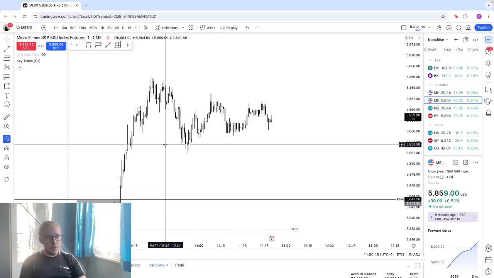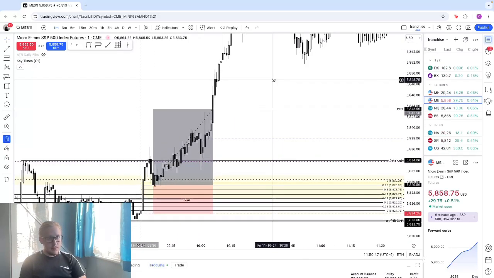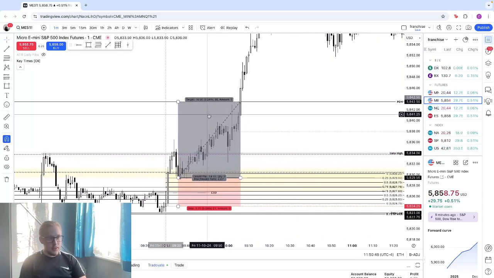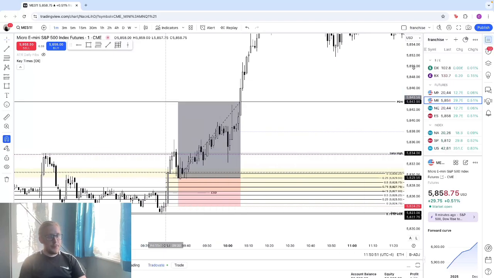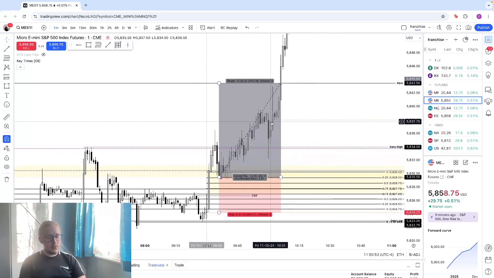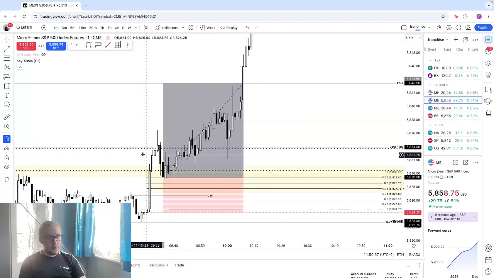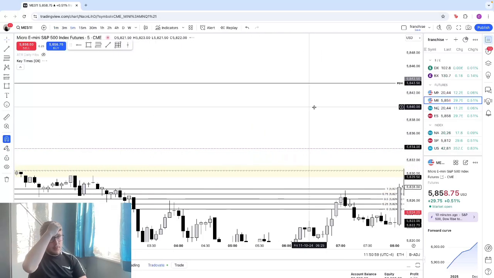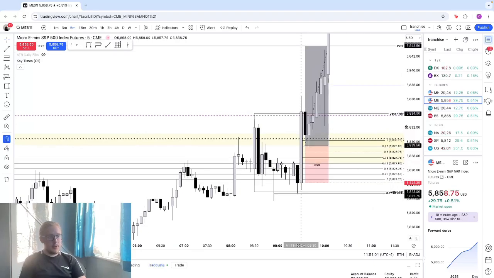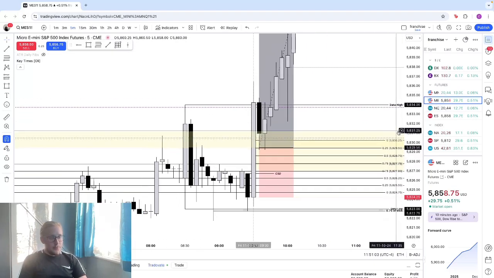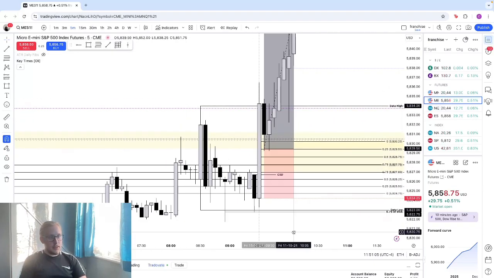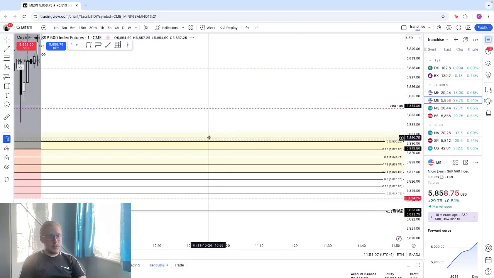Obviously it ran higher, but is it all that relevant? Not really. Yeah, ES was quite small today because of that opening range gap being so tiny. But yeah, that could have been your trade on ES.